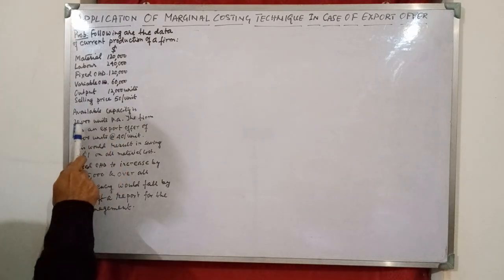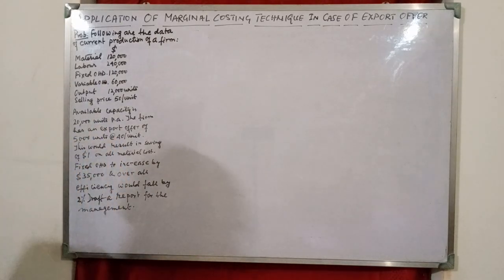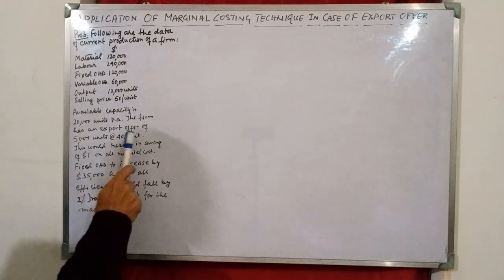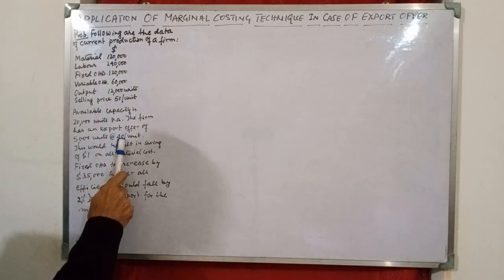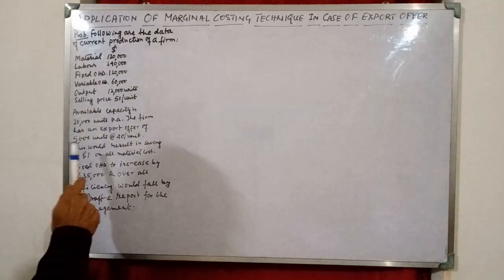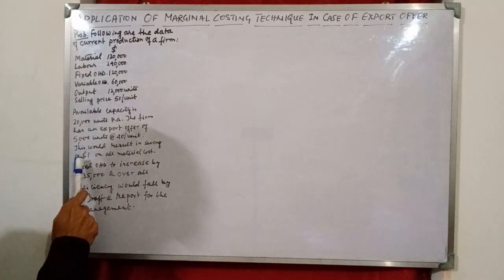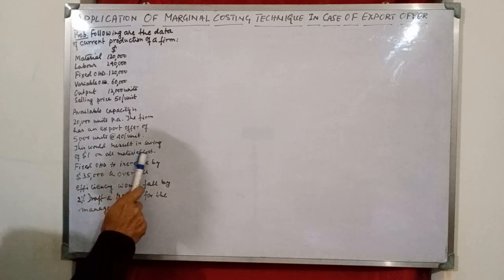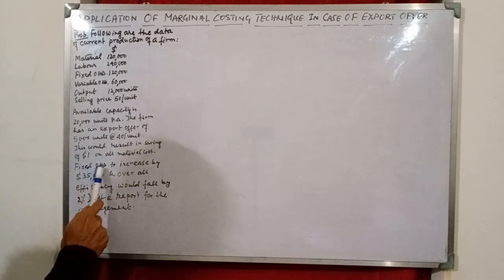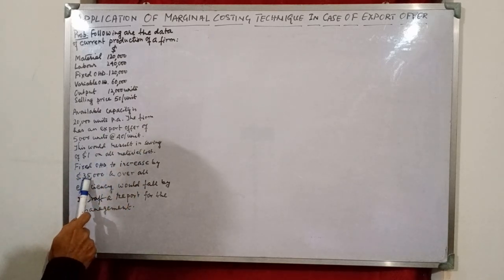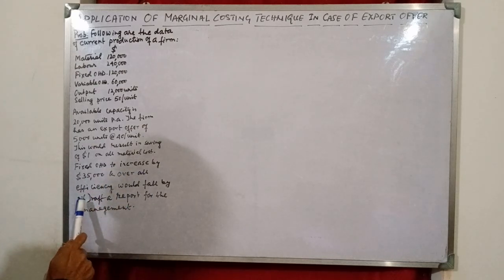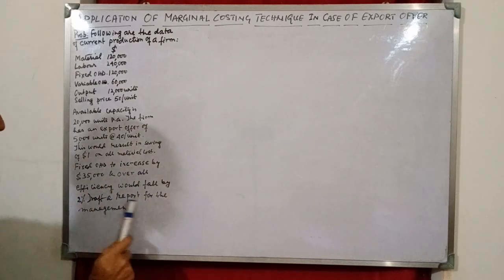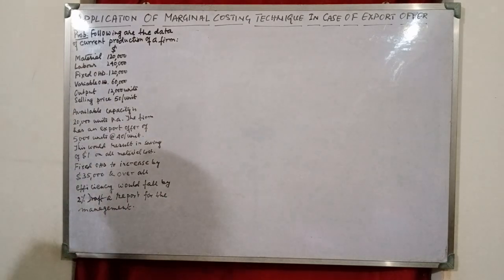Available capacity is 20,000 units per annum. The firm has an export offer of 5,000 units at the rate of 40 per unit. This would result in saving of $1 on all material cost, fixed overhead to increase by 35,000, and overall efficiency would fall by 2%. Draft a report for the management.